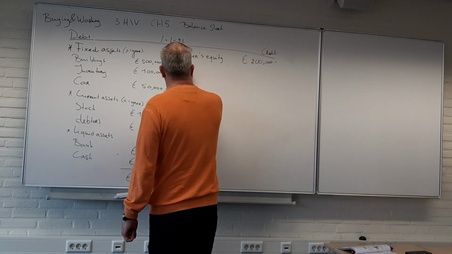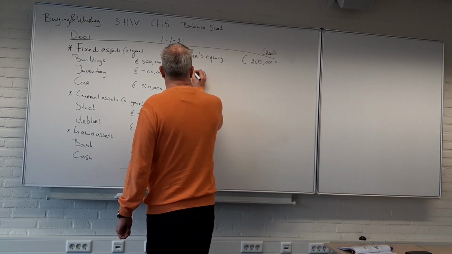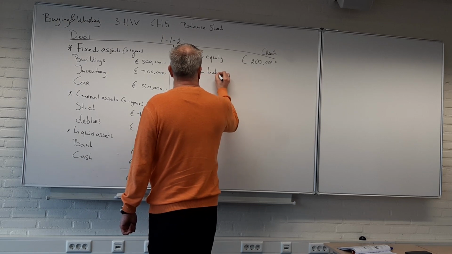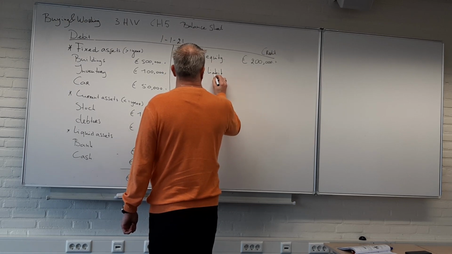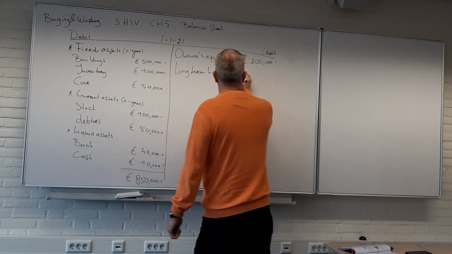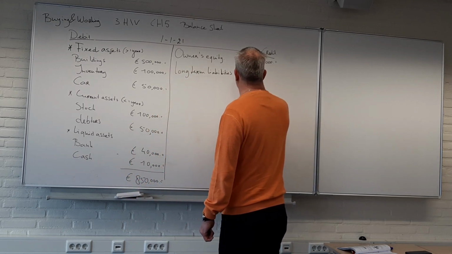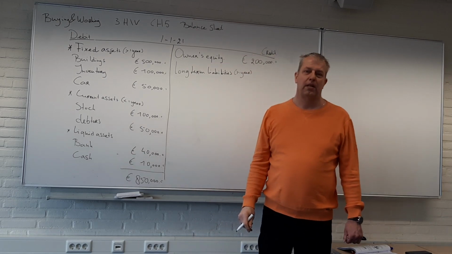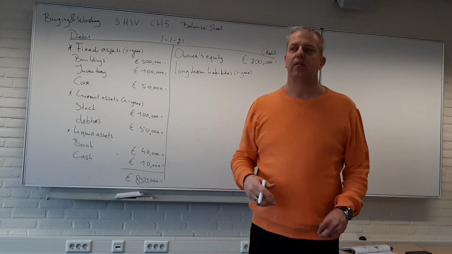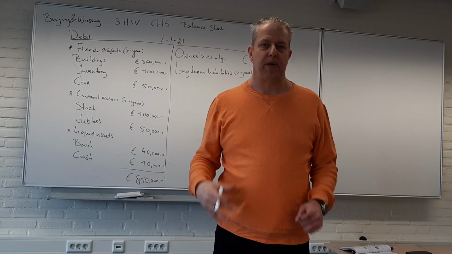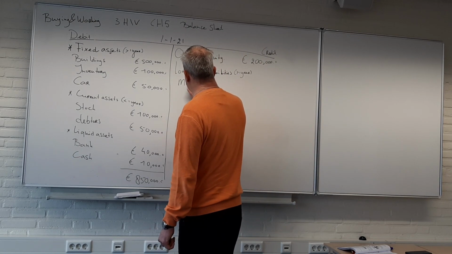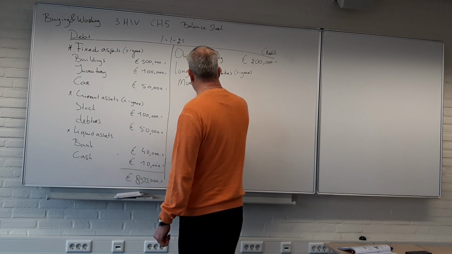And we start with the so-called long-term liabilities. These are loans that you have to pay back, but you can take more than a year to pay them back. An example might be a so-called mortgage loan.